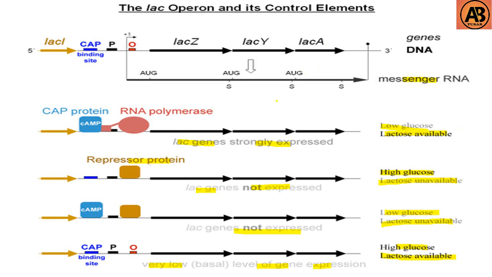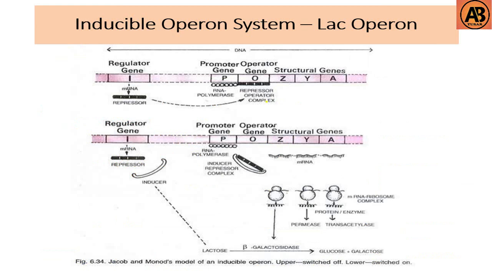So let's start it. First the inducible operon system or Lac Operon. Here we can see Lac Operon contains regulator gene, promoter gene, operator gene, structural gene.